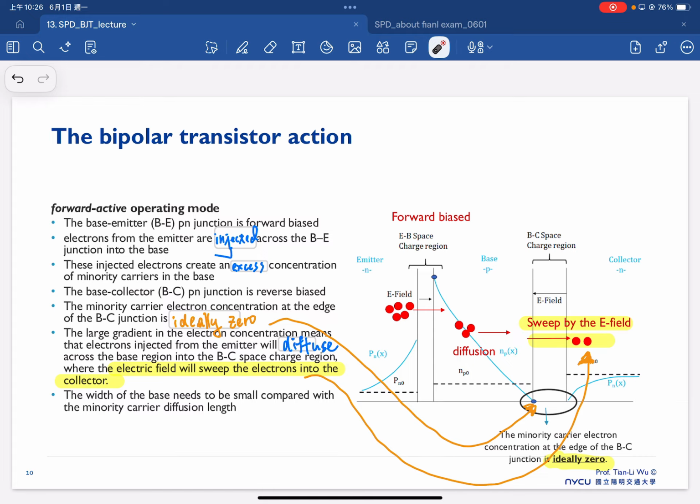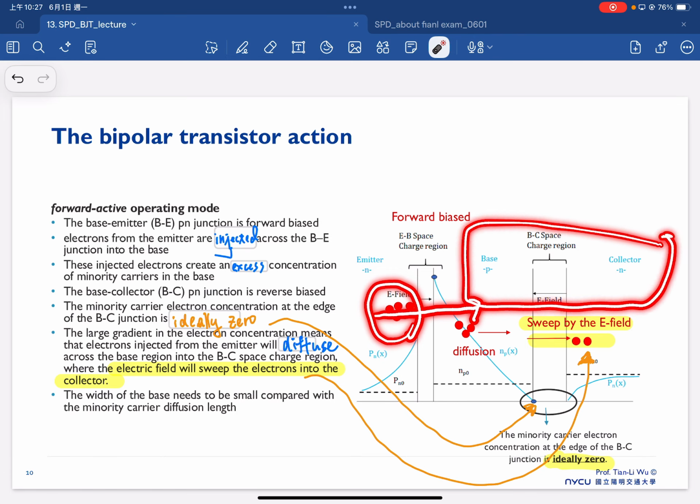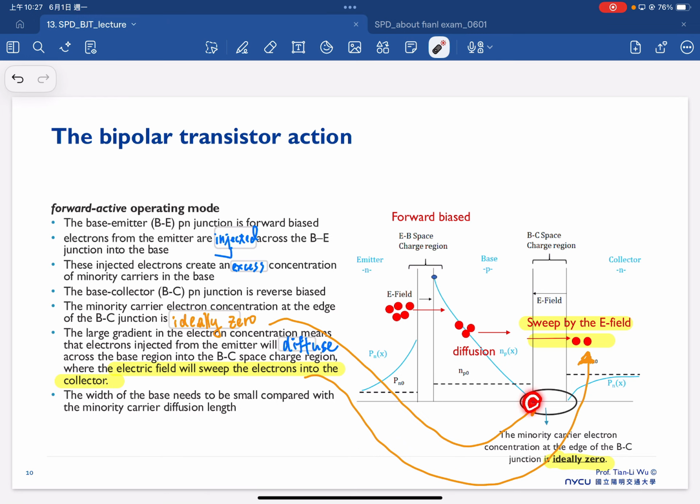So in the end we get a very consistent mechanism. Let me illustrate it again. First of all, the base-emitter junction is under forward bias, so the electrons are able to be injected into the base region. But the base-collector junction is under reverse bias, so the concentration at this location will be equal to 0.